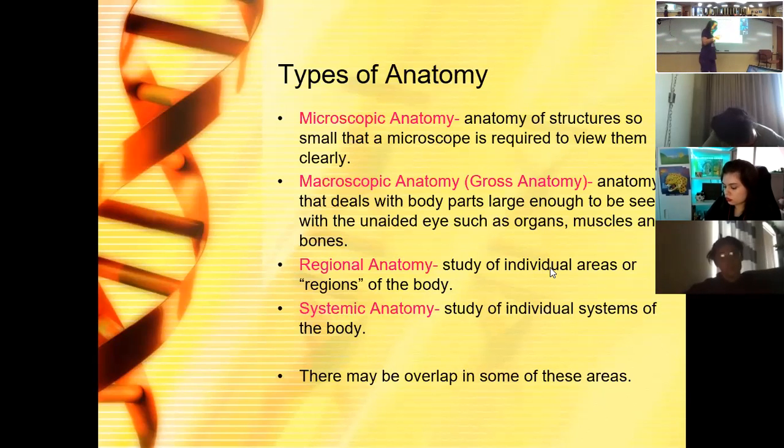Regional anatomy is just that: individual regions of the body. And then systemic is how these regions work overall. If you travel anywhere and someone asks where you're from, what do you say?